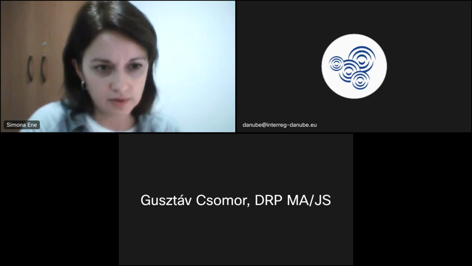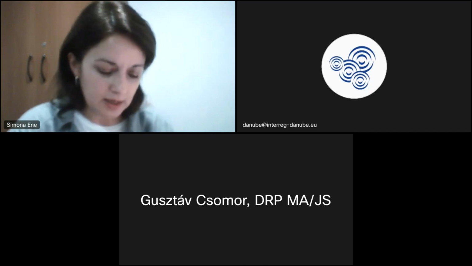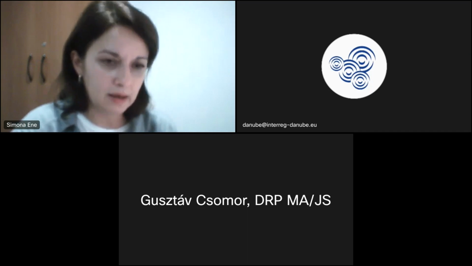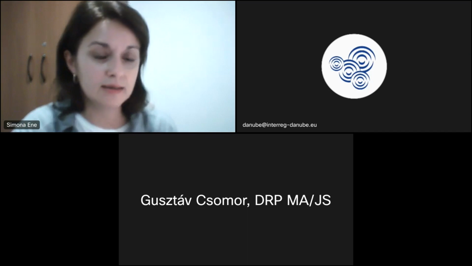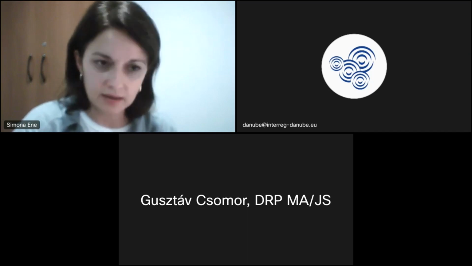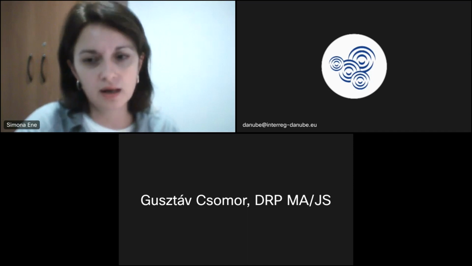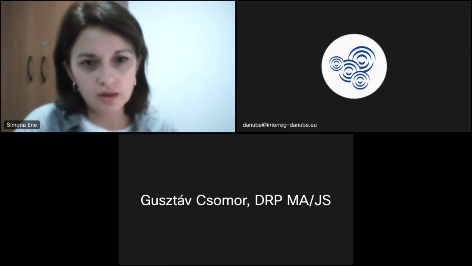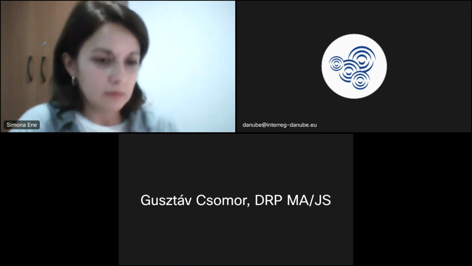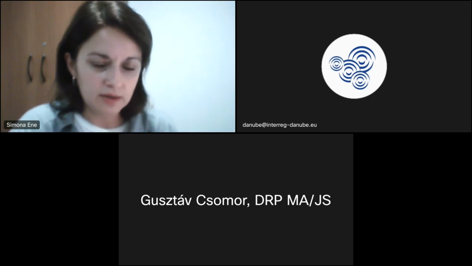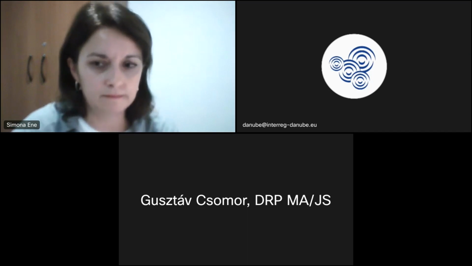Therefore, these are counted. Or the ICI is also linked to the pilot actions. If there are stakeholders who participated actively in the pilot actions, then yes, they can be counted under ICI. But a mere participation in a meeting or in an event should not be counted under this result indicator.